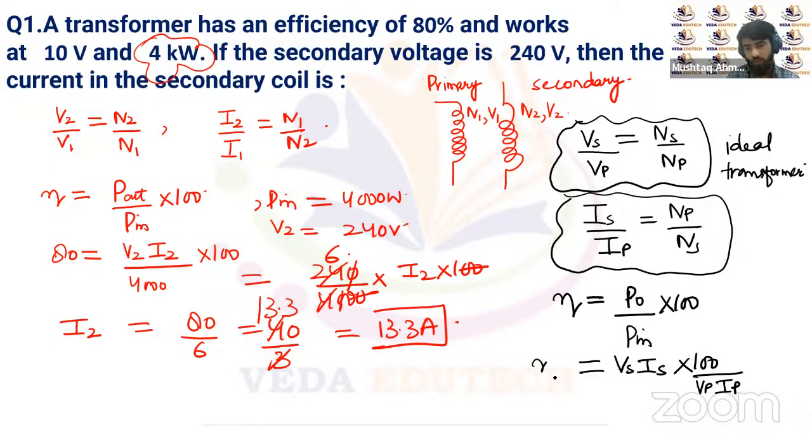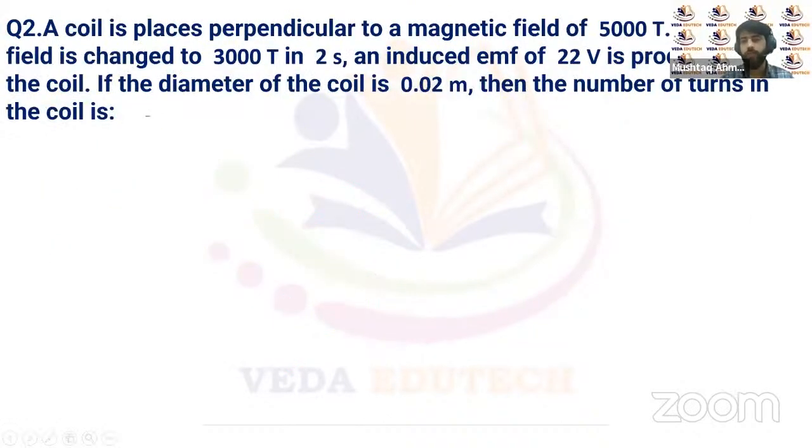So this will be the efficiency. These three equations are very important with respect to your transformer, so we can use them to solve any question with respect to transformers asked in your competitive exams. Now let's move on to another question.